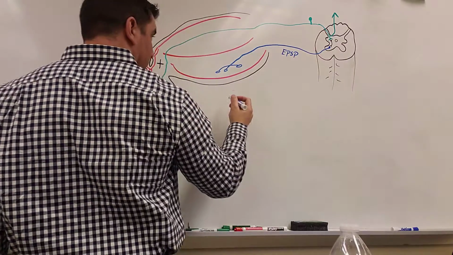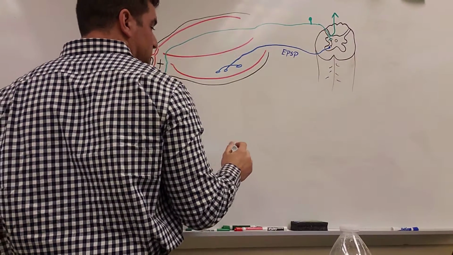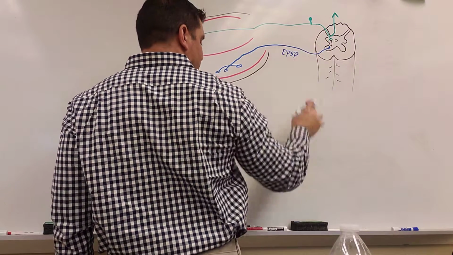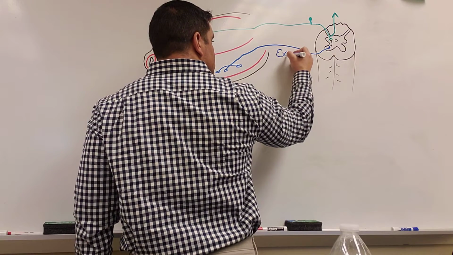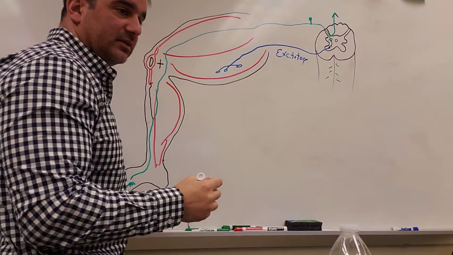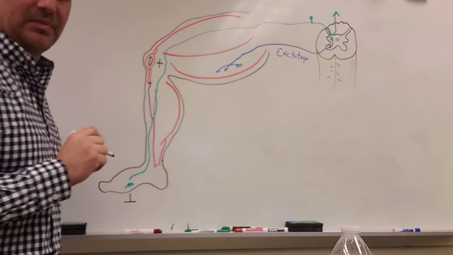We'll call it an EPSP. Not inhibitory, excitatory. It's an excitatory signal. That's going to cause this muscle to contract and withdraw from the painful stimulus.